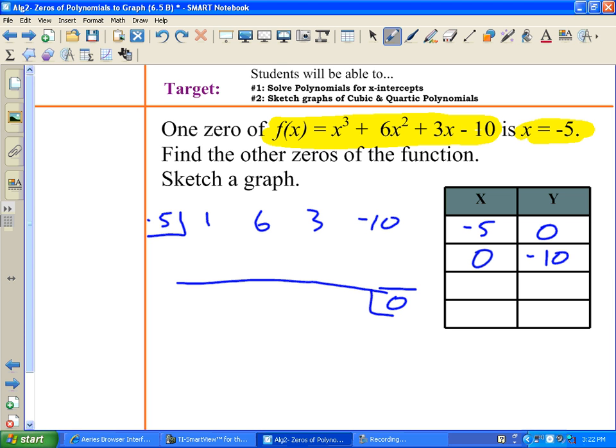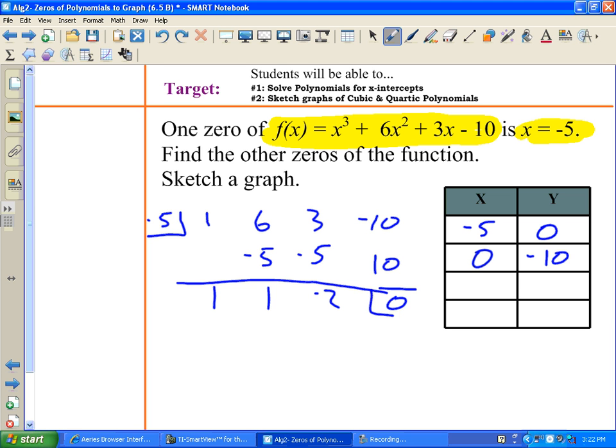And I better get a 0. Really, I better get a 0. Bring down the 1. 1 times negative 5, negative 5. 6 minus 5 is 1. 1 times negative 5, negative 5. 3 minus 5, negative 2. Negative 2 times negative 5. Thank goodness. Negative 10 plus positive 10 is 0.